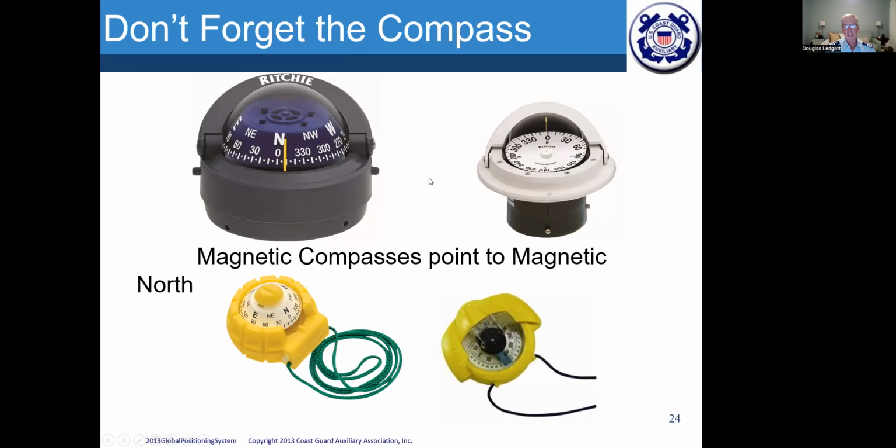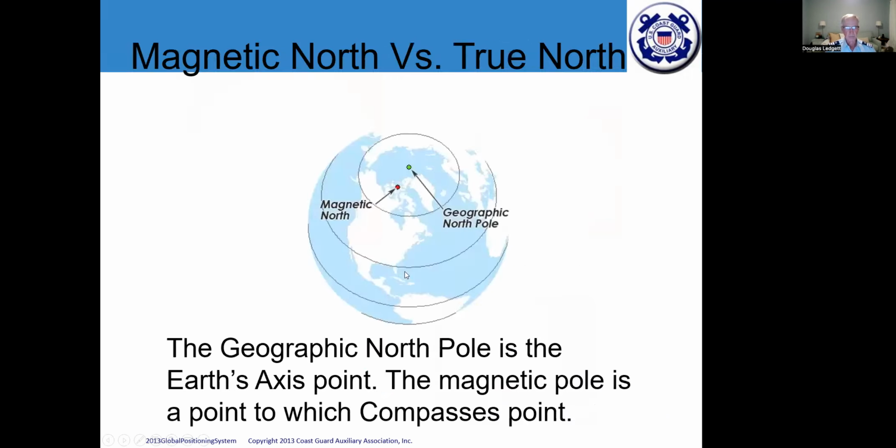So we bought a little one and laid it on top of the console in front of our helm. Unfortunately, it had a metal piece under it, and we went due north and wound up over in Martha's Vineyard, which was due west, because it turned the compass that far off, 90 degrees. So know what your compass readings are and watch what they're near.